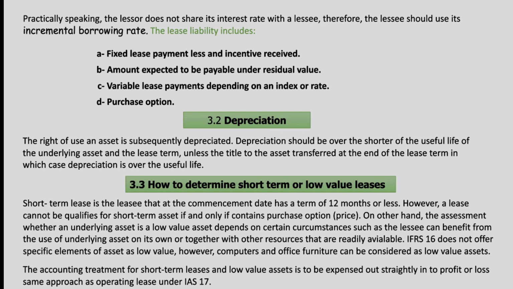So if these two conditions are met, that the lease term is 12 months or less and does not contain a purchase option, we are no longer going to recognize a right-of-use asset or liability. The lessee just charges it straight to profit or loss and expenses it out, the same approach as the operating lease under IAS 17.